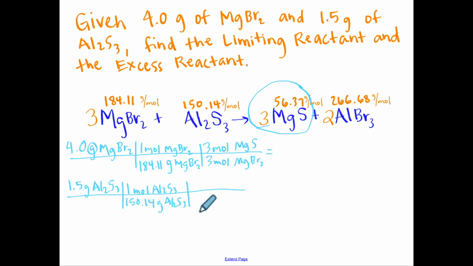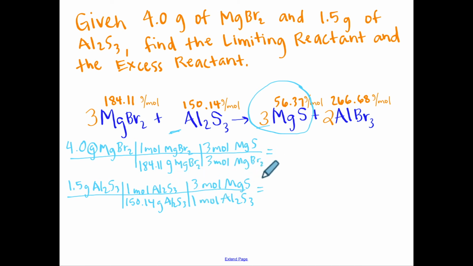Down here, I'm going to do the exact same step, only I'm going from moles of aluminum sulfide, 1 mole, to moles of magnesium sulfide is going to be the same 3. All right, when I work these out, I type it into the calculator, multiply by what's on top, divide by both of the things on the bottom. On this one, be careful that you type in 4 times 3 divided by 184.11 divided by 3. Don't multiply by that 3. It's on the bottom, so we divide.